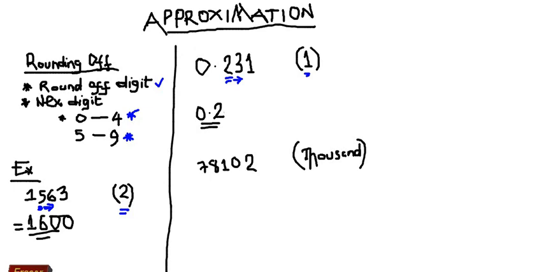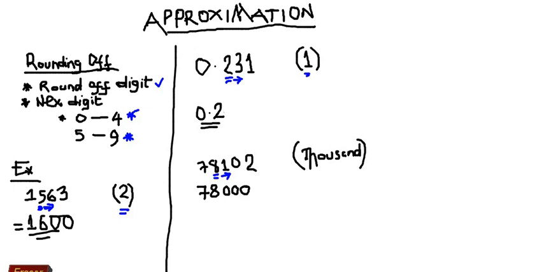So when we are rounding off to the nearest thousand, it means we are rounding off at 8. So 8 becomes our round off digit according to place value. So we are looking at the next digit, which is 1, and 1 is less than 5, which means we are going to disregard the rest of the numbers from 1. So the number will remain 7, 8, and then we keep the zeros so that we maintain the place value of our significant figures 7 and 8. So that will be an estimation with respect to place value.